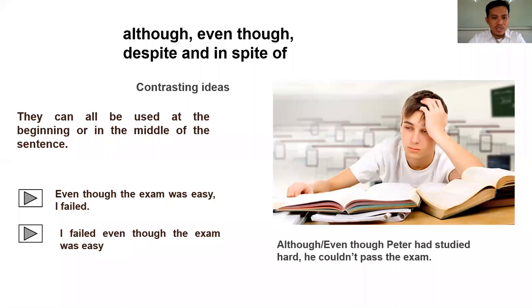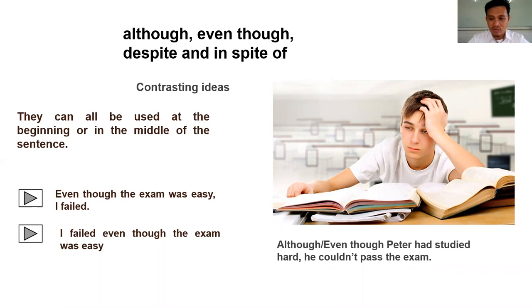Even though the exam was easy, I failed. So how many ideas do you find in this sentence? Two, right? The two ideas are, the exam was easy, but then the fact, I failed. Is it contrasting or not?